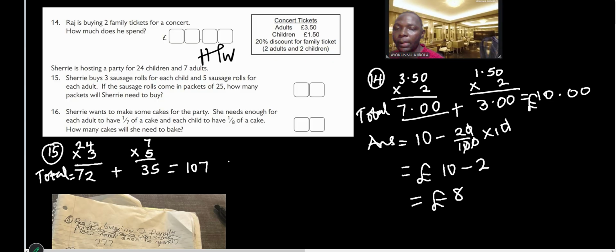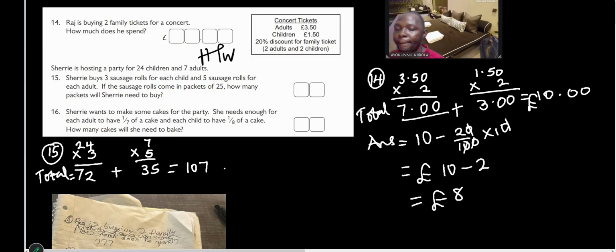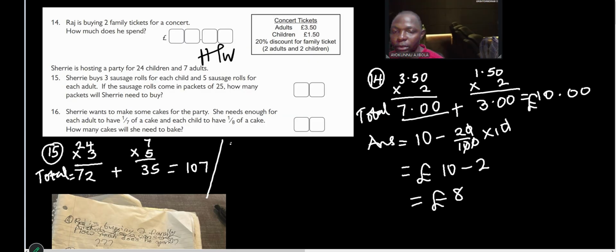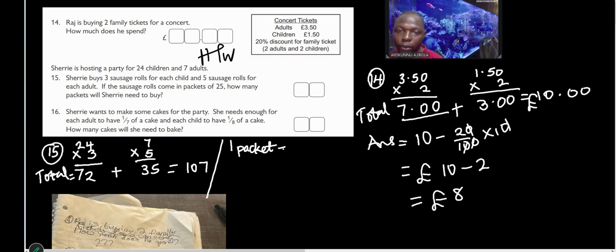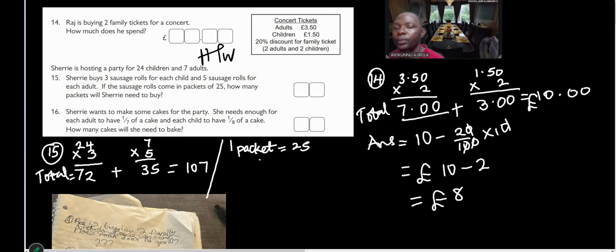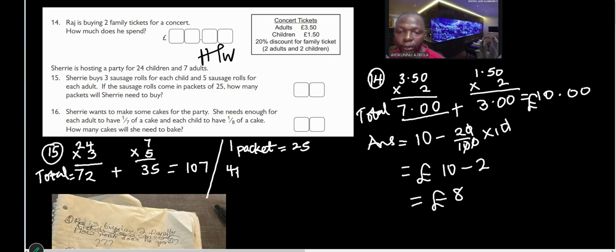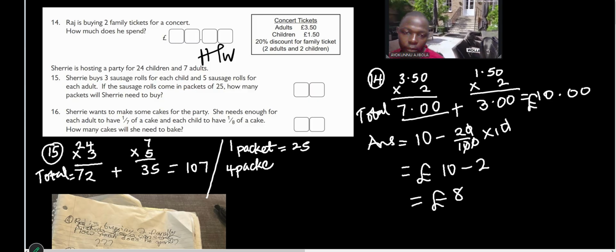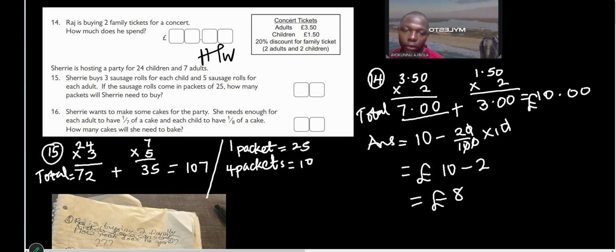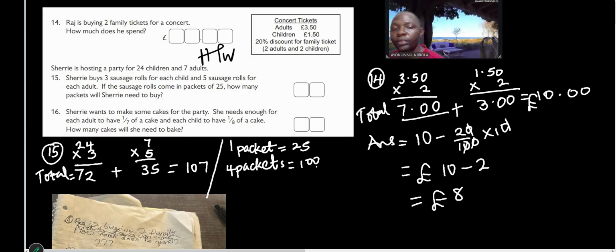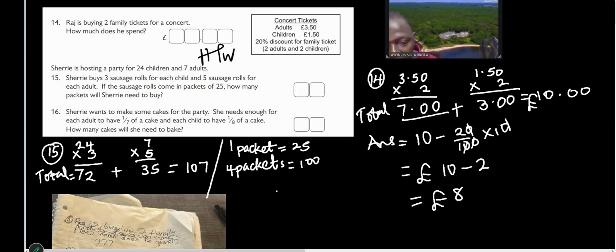Okay. Now, the packets. One packet is how many? 25 rolls. So if you get 4 packets, that's 100, right? So we need one more packet, okay? She can't finish it, but if she buys only 4, it won't be up to 107.